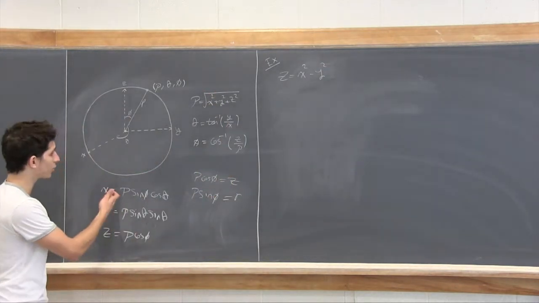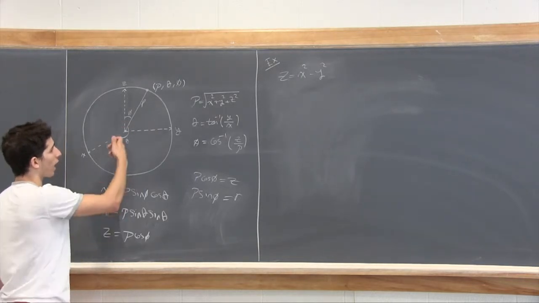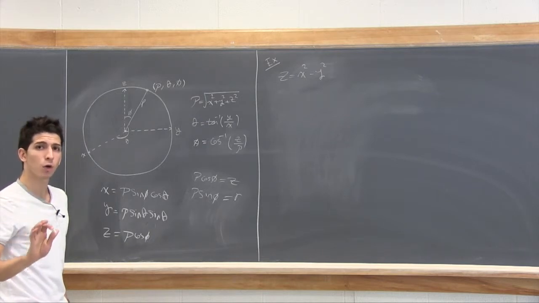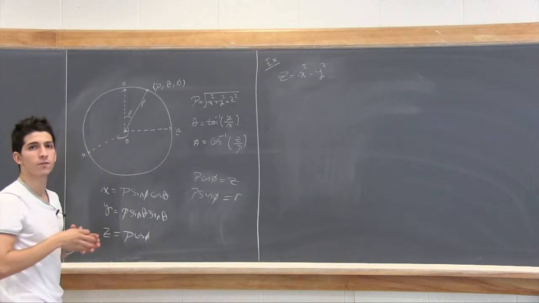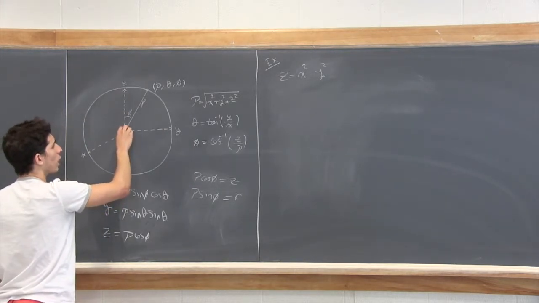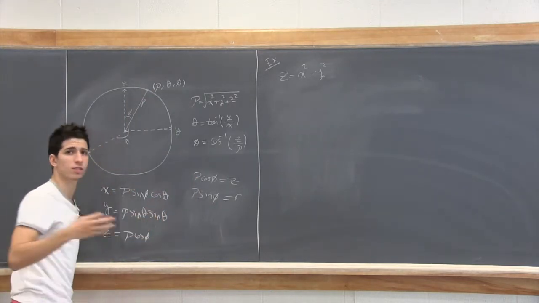Here, it's very similar, except we don't have r, so we got to find it by saying, well, I have rho and I have phi. So z and r are functions of rho and phi. Namely, if I wanted to find z, I could just say it's rho cosine phi, right? That's just z.